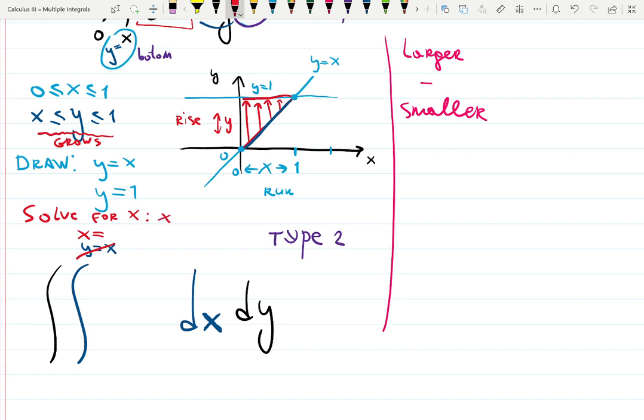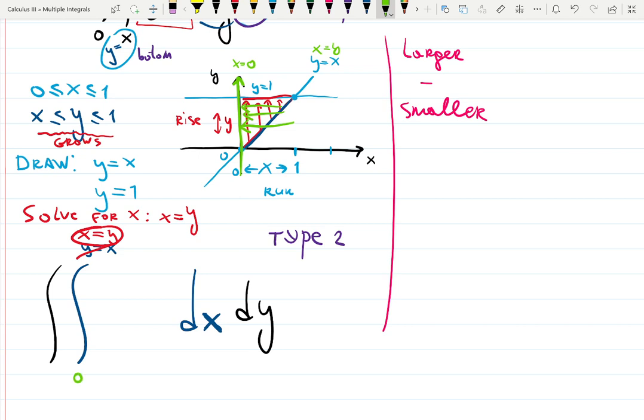Luckily it's pretty easy. X equals y for the function on the right. So now the scanning used to be from bottom to top. Now it's going to be from right to left, from larger to smaller, from x equals y till x equals what this line is, the left wall of the building. That is x equals 0.